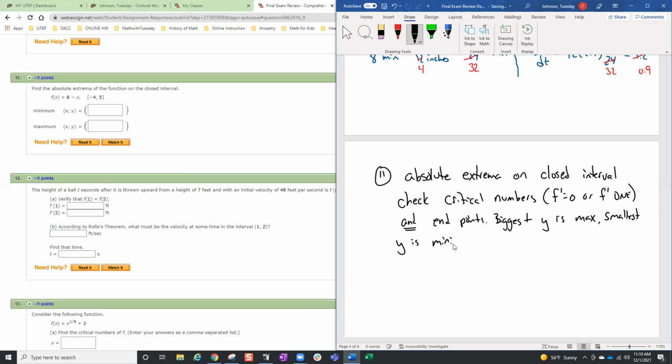And remember, we always go back to the original function to find those y values. So go back to the original to find y value. The derivative tells us where. Which values to use.